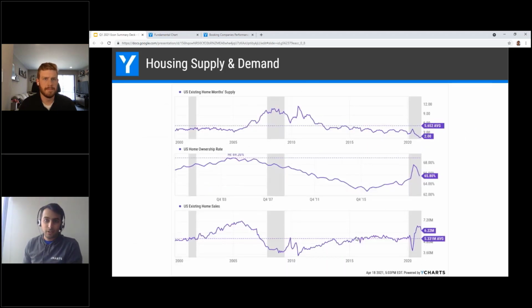And this chart as well just kind of really brings home the point of that supply and demand structure that we're seeing here in Q1. So overall, that housing supply has been dropping off and is at the lowest levels that we've seen basically since 2000, right?